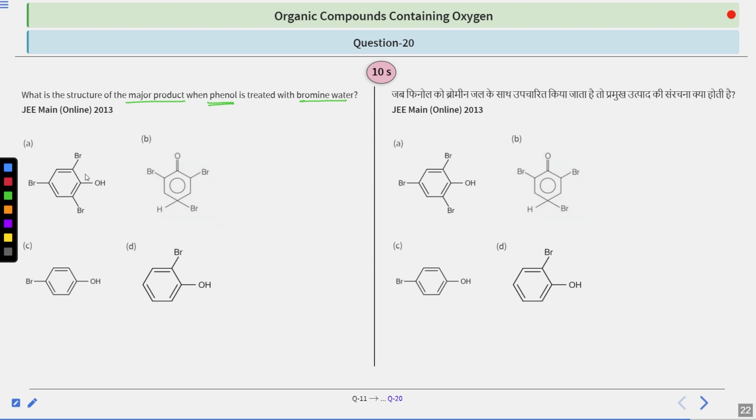Options are the benzene ring having bromine at three positions, ortho and para, and at one para position we have the OH group; or the benzene ring having a double bond O at the para position and three bromine groups at ortho and para positions; or the benzene ring having OH and bromine at opposite para positions; or the benzene ring having bromine and OH group at the ortho and para positions. You have some time to think about this question. After that, we will see the answer.